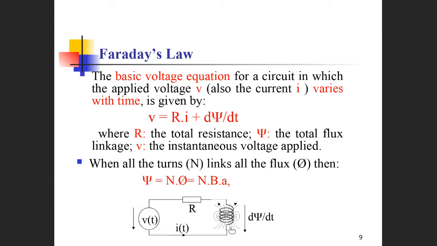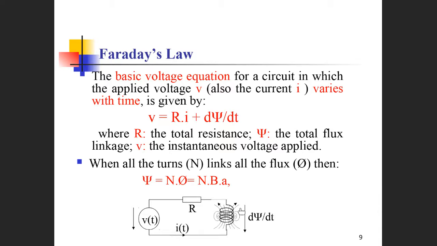Meanwhile, we have an additional coil, like here. A current goes out from the source V, goes through the conductor's resistance R, and goes into the coil, and produces a magnetic field inside the coil. If the current itself is changing with time, then the magnetic field produced inside the coil is also changing with time.